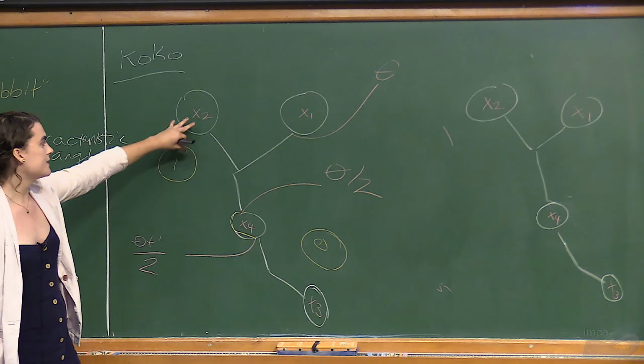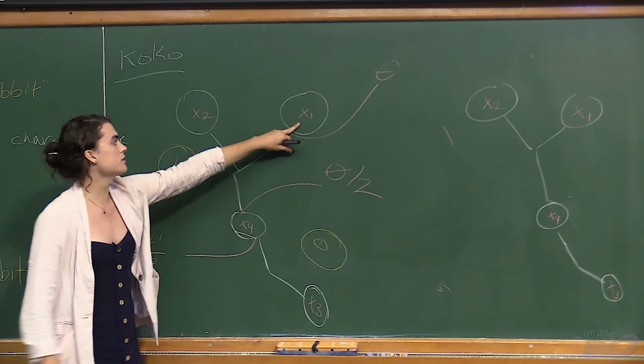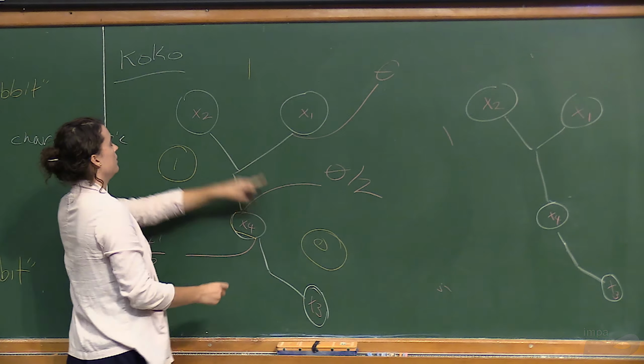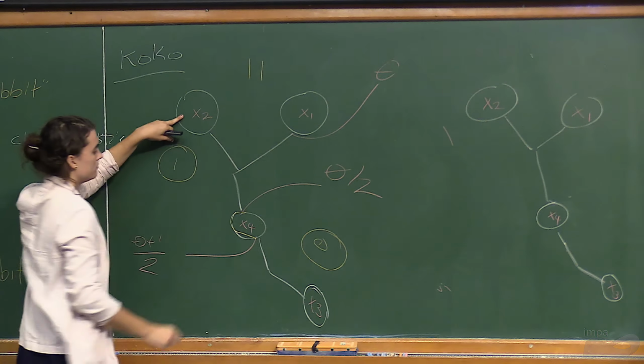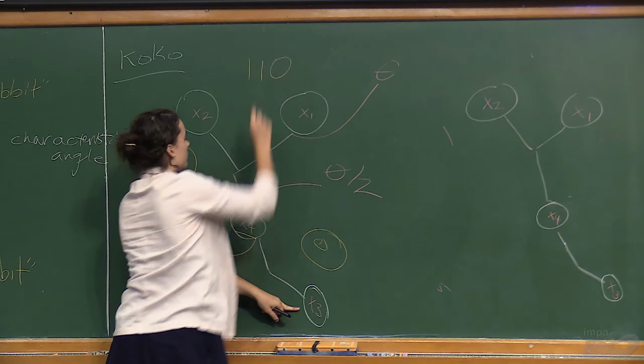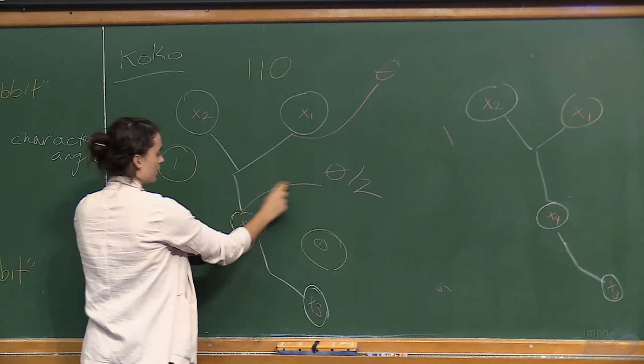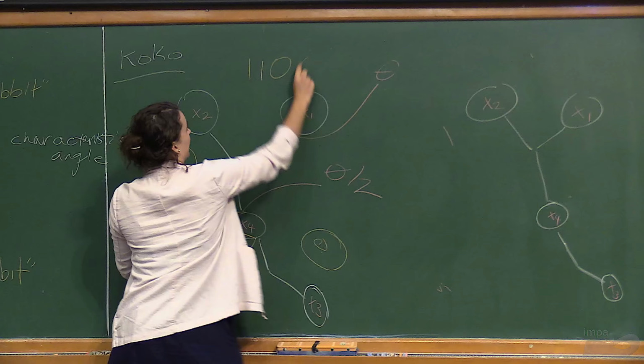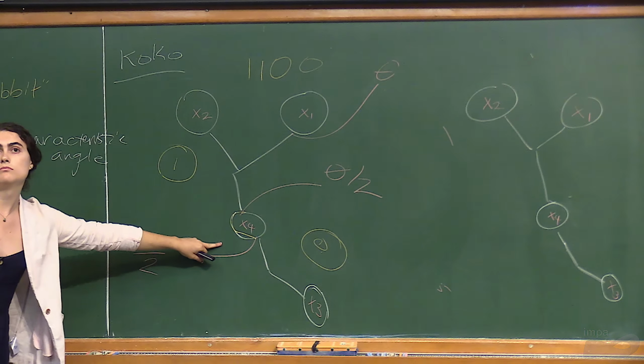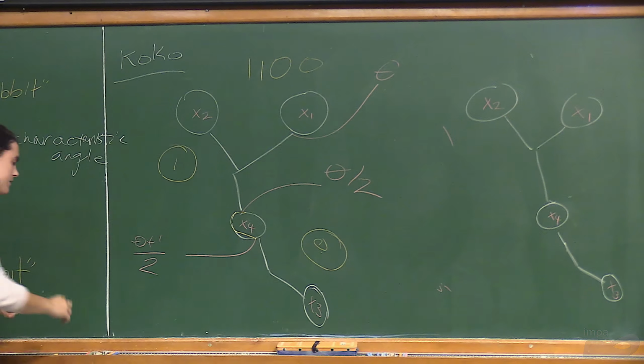So if we're looking at the itinerary of our critical value, it starts with a 1, then it goes to a 1, it goes to a 0, and then in this kneading sequence, it would go back to a 0 right here. Okay? So it's just like an itinerary that we can make.